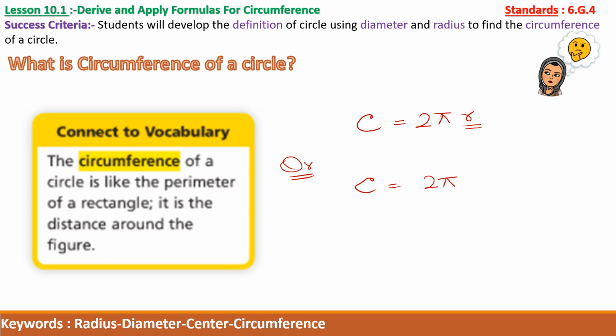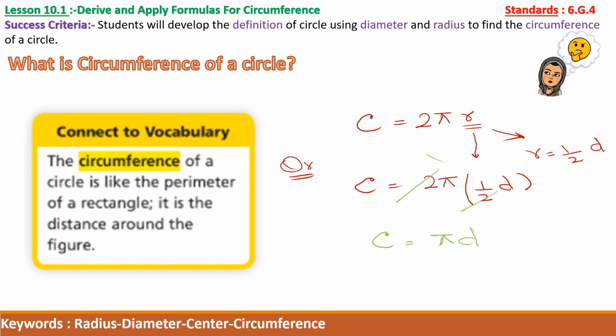Do you remember I told you previously that radius is half of the diameter. So if in place of r I write half of diameter, then you can see that this 2 is cancelled with this 2 because one is multiplying, one is dividing. So what is the formula? We get it as pi d.